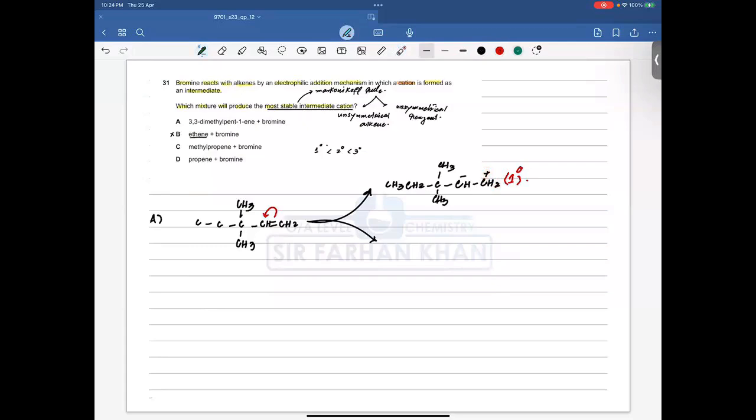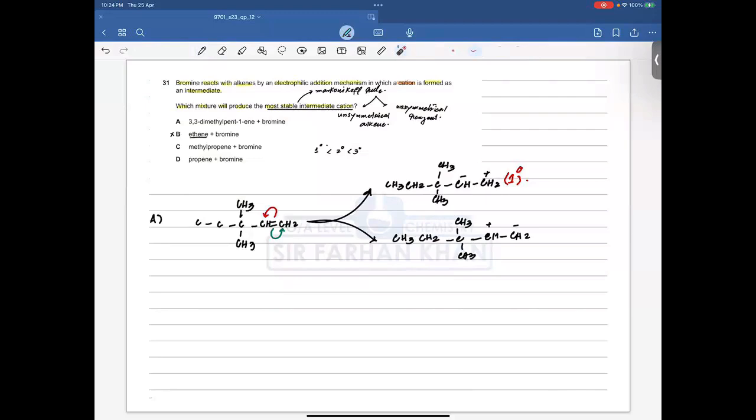In the next scenario, this might be another possibility of breaking the pi bond, that we need to shift this pi bond onto this carbon atom. All right. So when I shift this pi bond onto CH2, obviously I'll get CH positive now, and this CH2 becomes negative.